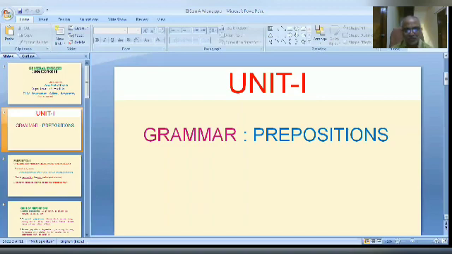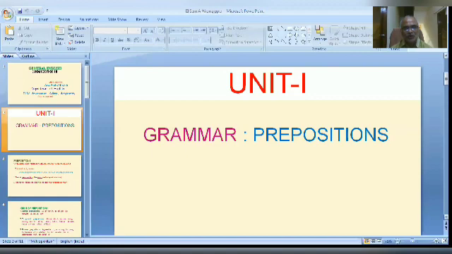Basically, if I put a question to the students, how do you define prepositions? What are prepositions? Immediately they answer that prepositions are those words usually which tell the relationship between the words of a sentence, because already you studied about prepositions in your previous classes.